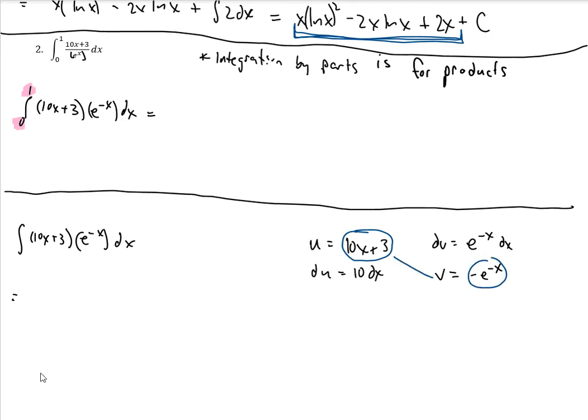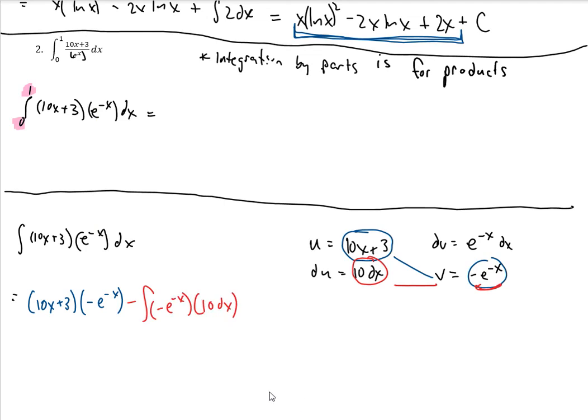So we'll have that as 10x plus 3 times negative e to the negative x, and then always minus those ones straight across with the integral in front first. So let's write it as negative e to the negative x and then 10 dx.